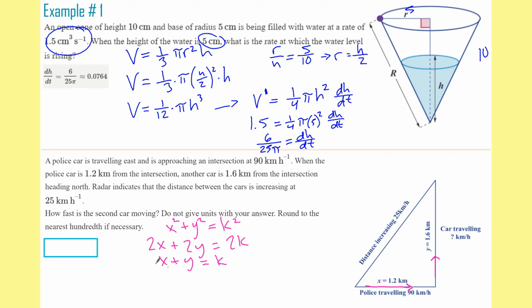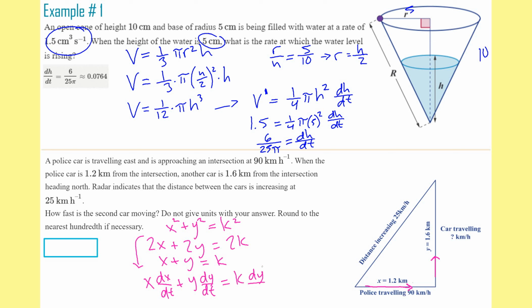Now when we do that, you want to think of it as, since you took the derivative, that this is x times the derivative with relationship to time, plus y times the derivative of y, or the change in y over the change in time.